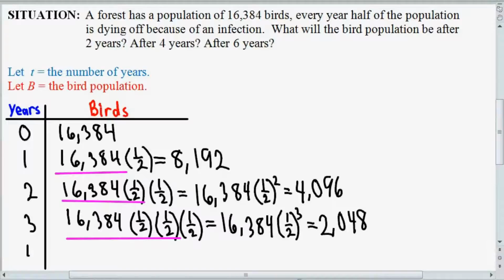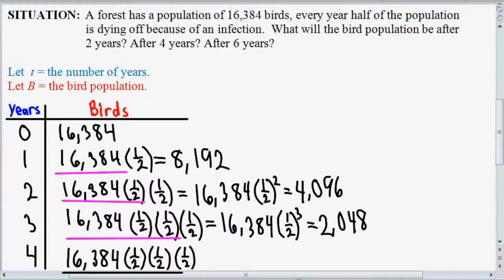As we begin to do the calculation for year 4, what we will begin to notice is the same structure that we did for calculating the virus population and calculating the squirrel population. In this case, we will again be multiplying 16,384 by 1/2 times 1/2 times 1/2.